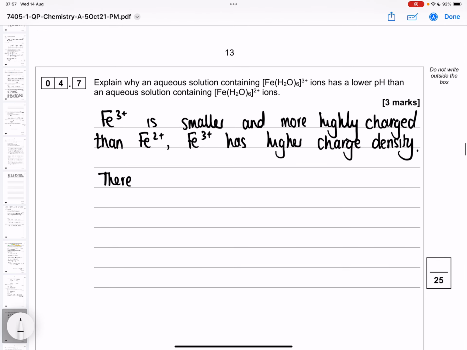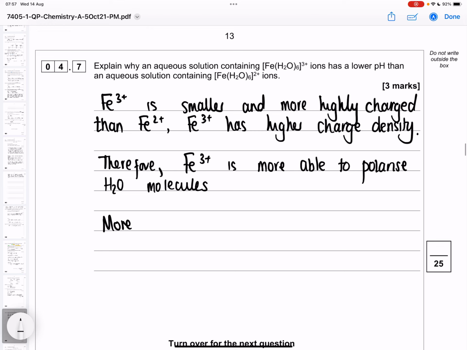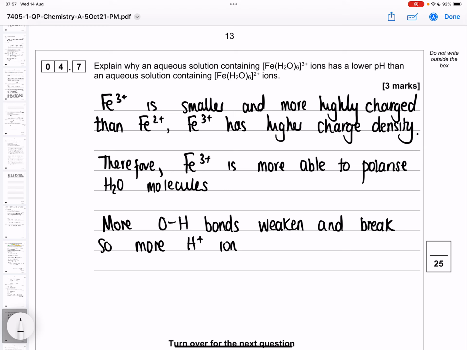Therefore, Fe3+ is more able to polarize water, more OH bonds weaken and break, so more H+ ions are released, and that is what makes it an acid.